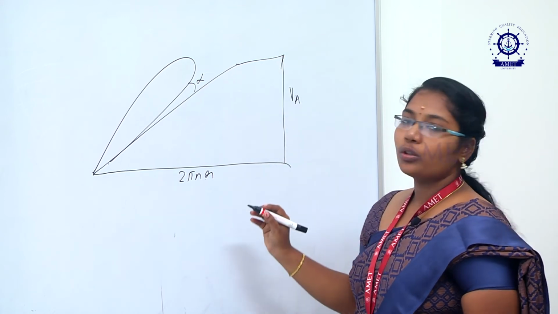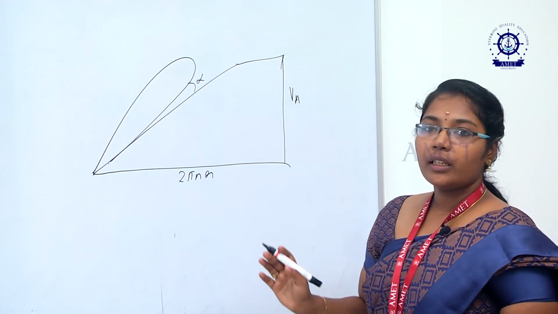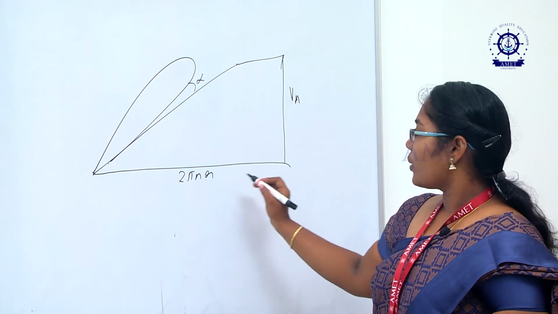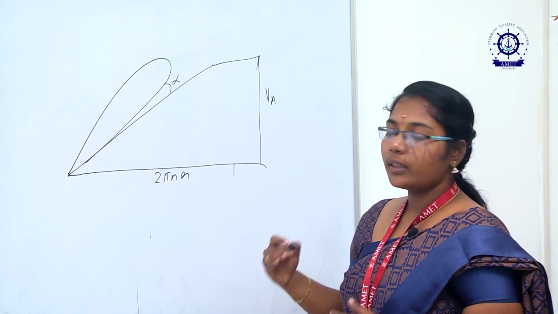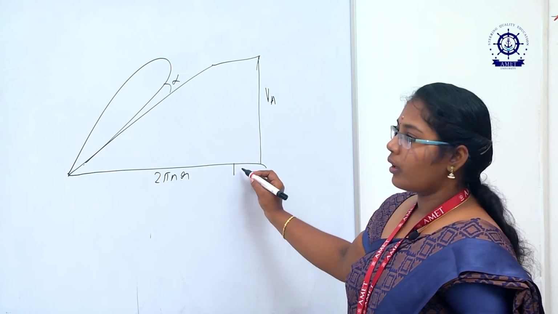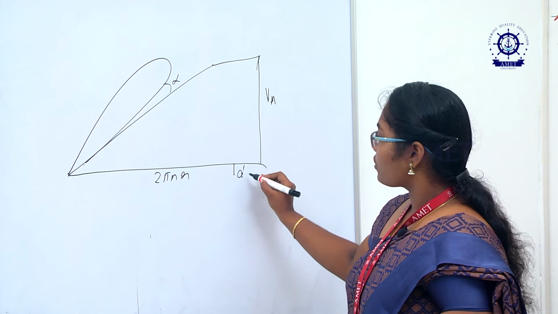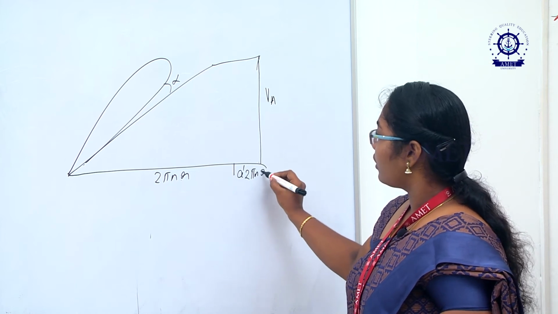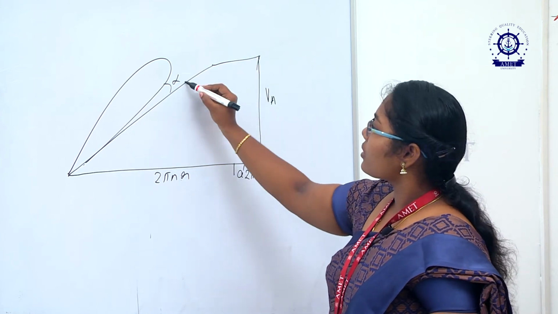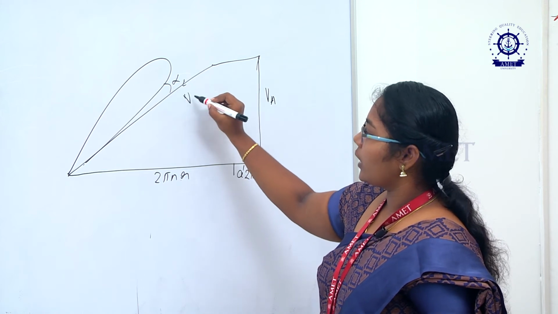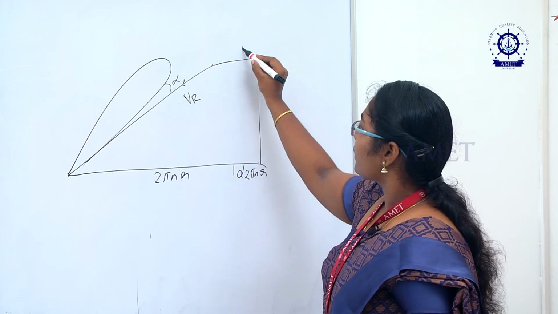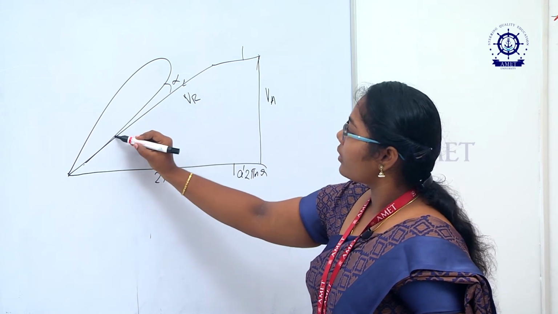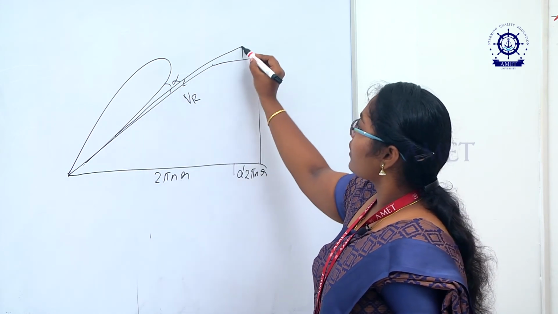As I told you, there is a decrement in the tangential velocity, which is denoted with A dash. So, A dash 2 pi NR, and here this is your resultant velocity Vr. Here it is an increment, so it will be increased and you will get another resultant velocity.